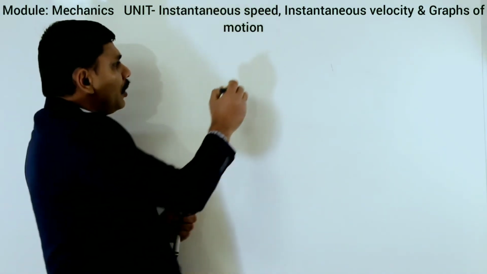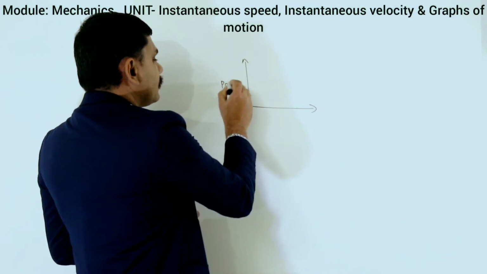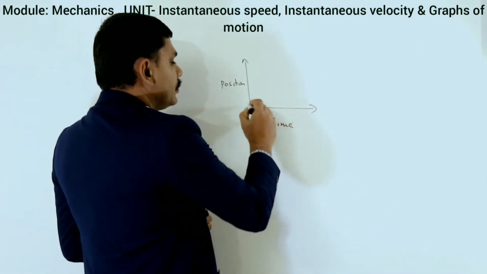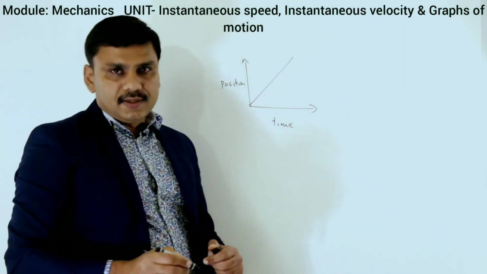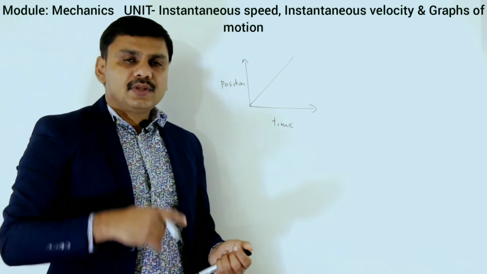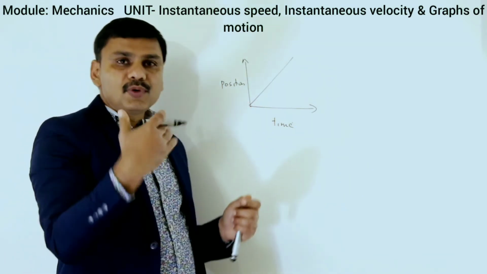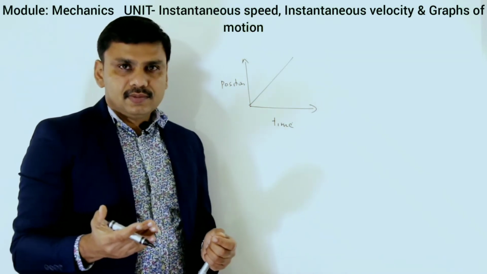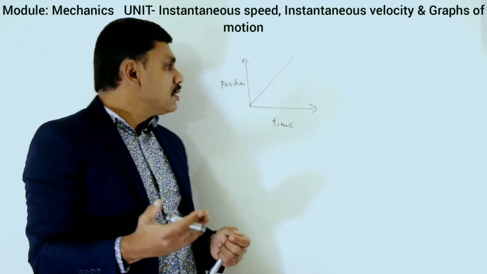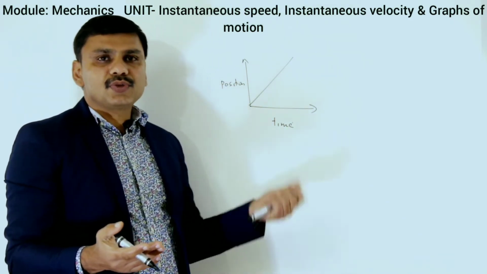Then if you are drawing a graph with position and time, and the graph is like this, what is the gradient of the graph? The gradient of the graph means, after position, what are you getting? Change in position with the time, you are getting velocity or speed.